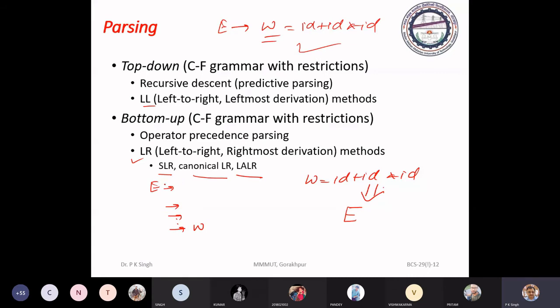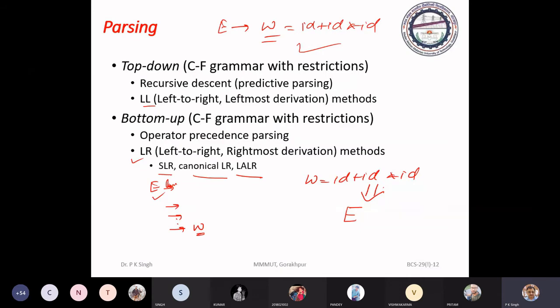So in top-down parsing it is leftmost derivation, but in bottom-up parsing we start from this string and try to reduce the entire string to the start symbol, considering the productions of the grammar.